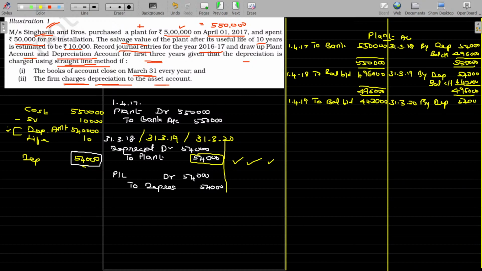So year after year the depreciation is the same 54,000. Close this. Balance carried down 4,42,000, and balance carried down being 3,88,000. Gets closed.